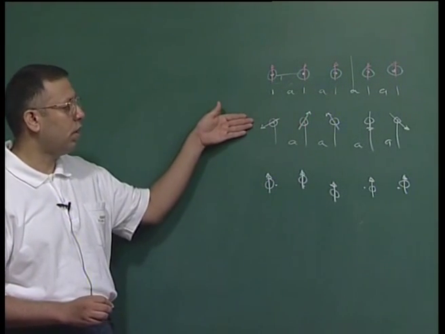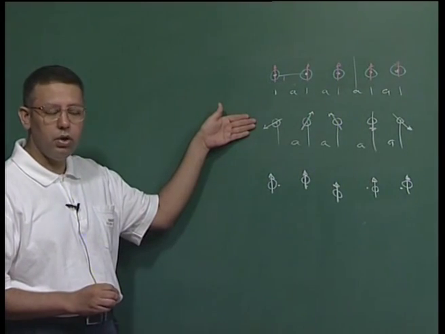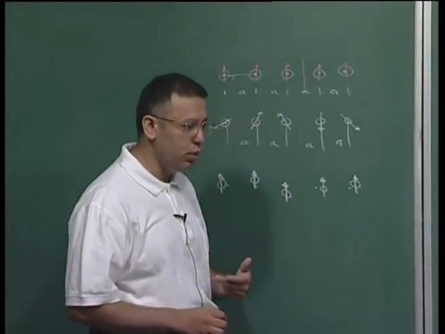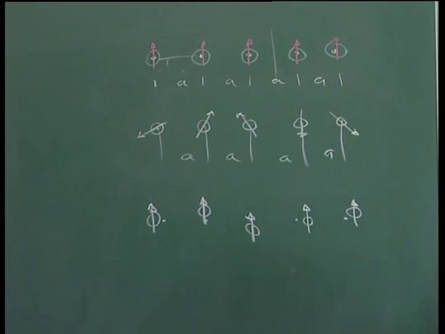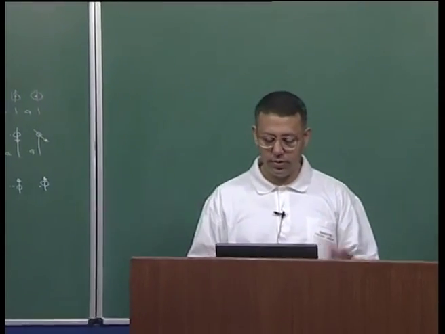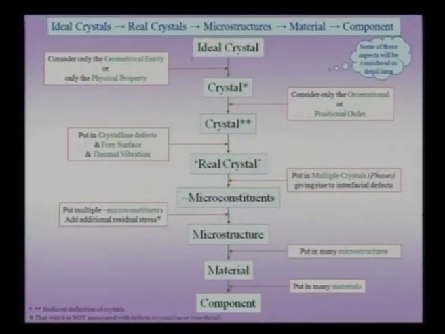Such a system on the top is positionally ordered but not orientationally ordered, and I can use a reduced definition of a crystal in which I consider only one of these kinds of orders, and we will see better examples later on. Therefore, I could reduce my definition first by considering only the geometrical entity or the physical property, and further reduce the definition based on orientational or positional order.